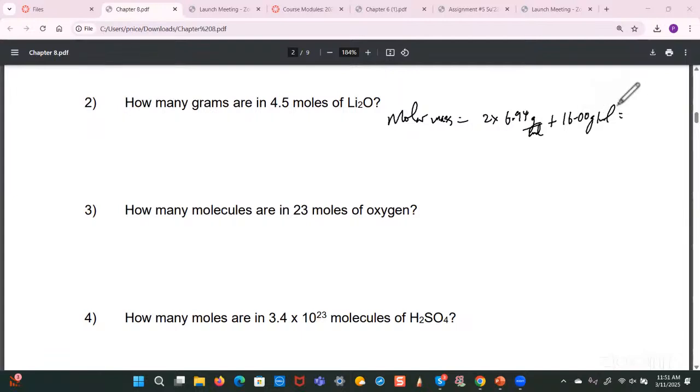And that gives 29.88 grams per mole. Okay, so what next? Multiply by 4.5. Okay, so 4.5 moles multiplied by 29.88 grams over 1 mole, and that's it.